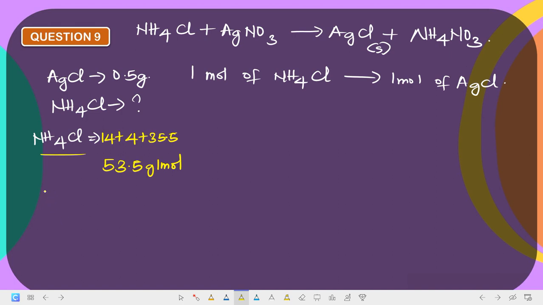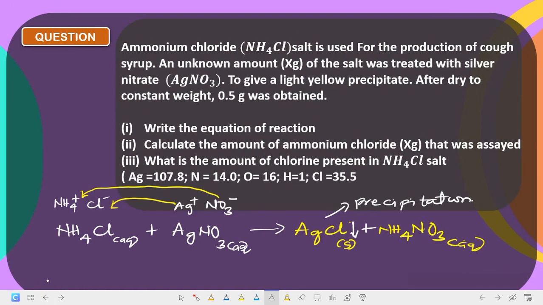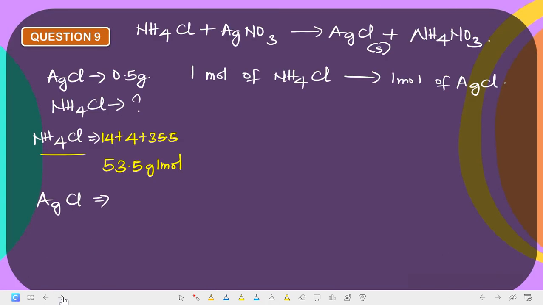Now, what is the molar mass of silver chloride? The molar mass of silver chloride is equal to, now the atomic mass of silver is 107.8. So we say 107.8 plus 35.5. Why do we have to do it like this? We know that molar mass is the sum of all the atomic masses.